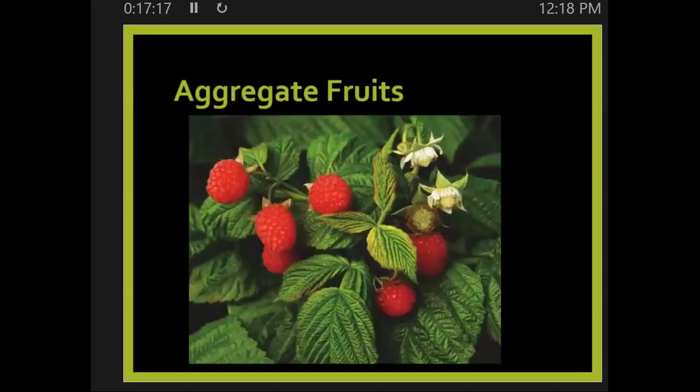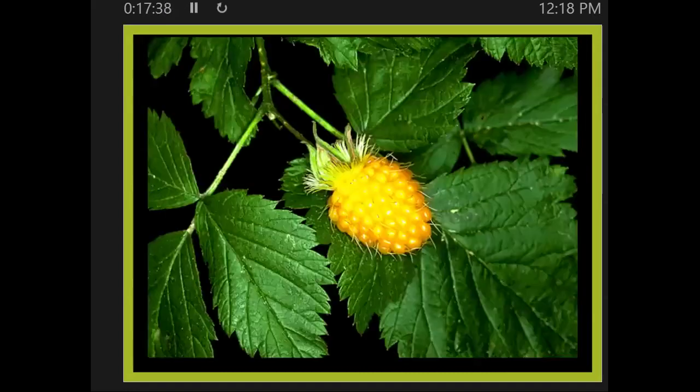Okay, aggregate. So again, one flower. Aggregate is one flower, but many, many ovaries in that one flower, aggregated together. If you've ever looked at raspberry or blackberry flowers, you can see, especially if you use a hand lens, that they do have multiple ovaries or carpels.